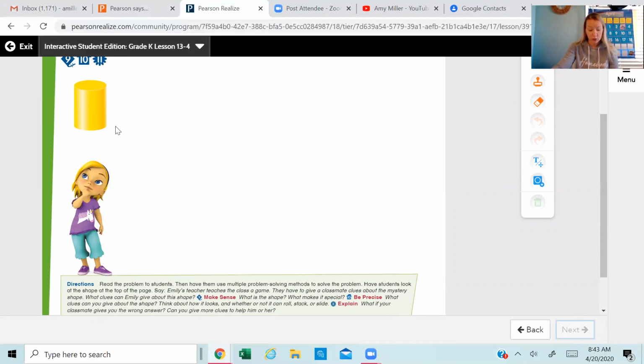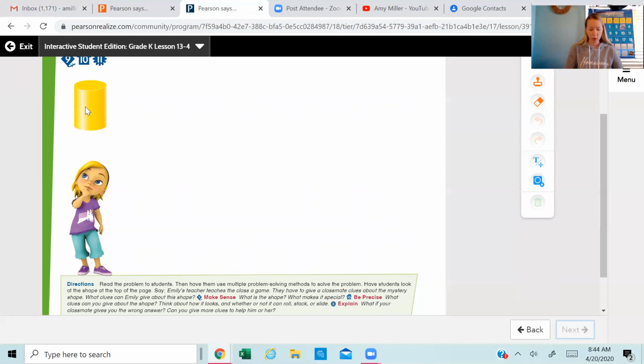You need to give clues about the mystery shape and then think, what clues could she give about this shape? So now when you play, you have to think, what is this shape and what makes it special? What clues could you give, or what makes it special? Think about those things before you give your clues. Now, what clues could you give about the shape? Think about all the things we talked about, all the clues they gave us throughout this whole worksheet that you just did.